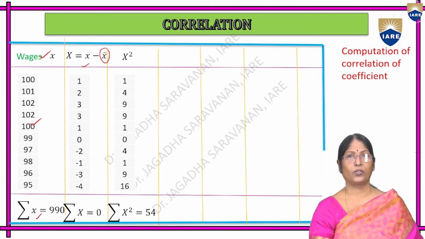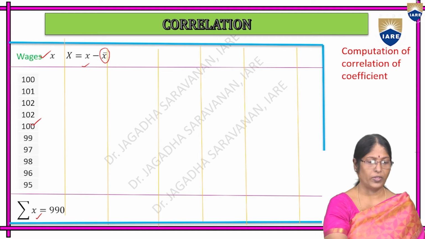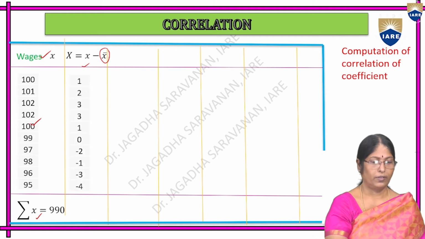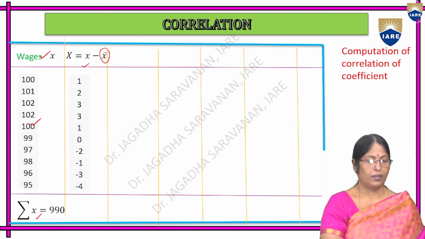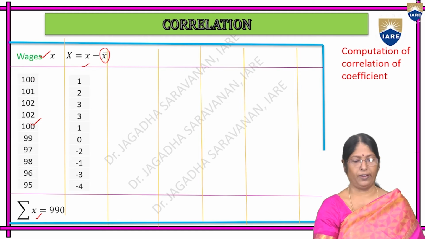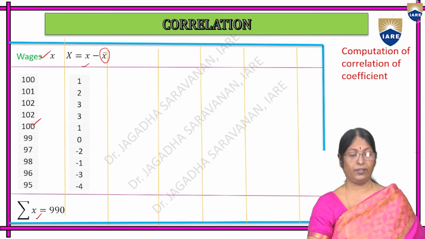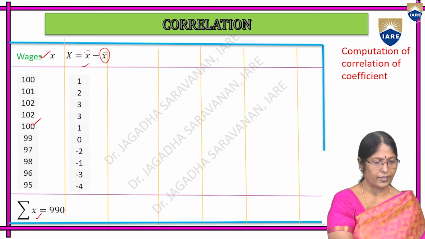So we will go back actually. Here we can see the x bar. X bar is 99, that I have just now shown in the slide, that is 990 divided by 10. Here x is taking 100. 100 minus 99, we got 1.